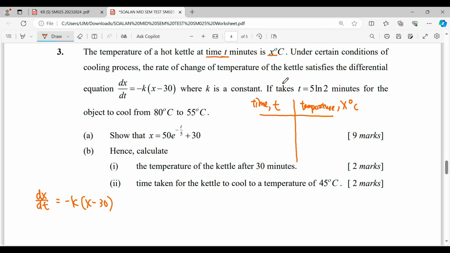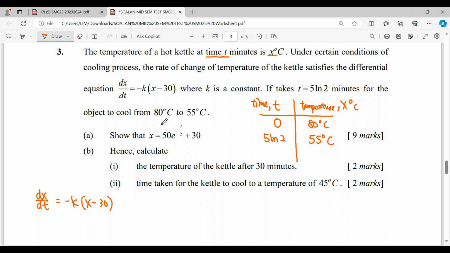And it takes t equals 5 ln 2 minutes for the object to cool from 80 Celsius to 55 Celsius. So in our story timeline, we must know our initial value. Starting from the question, when time is 0, your hot object is 80 Celsius, and it takes 5 ln 2 minutes to cool down until 55 Celsius. So these are the two pieces of information given.